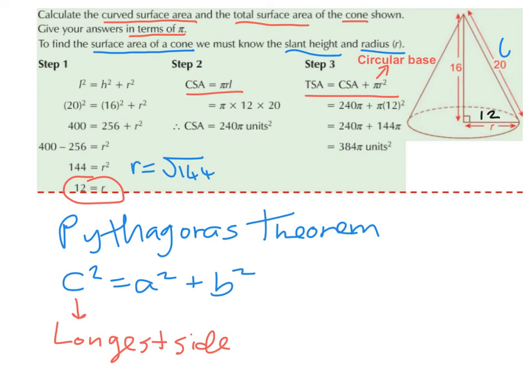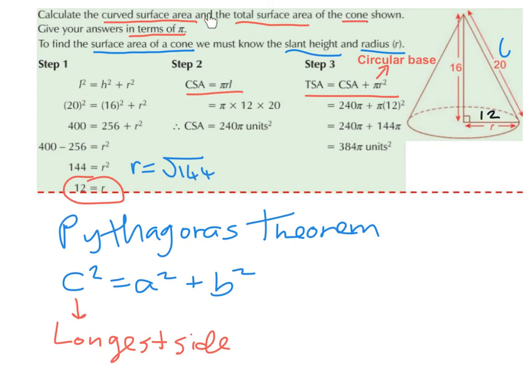For the area of a circle, pi r squared, all we have to do is swap the r for the radius, which is 12. So we get pi times 12 squared. 12 squared is 144, and remember we would just stick the pi on because we want it in terms of pi. So we get 144 pi. The curved surface area we found already to be 240 pi. So 240 pi plus 144 pi gives us 384 pi.